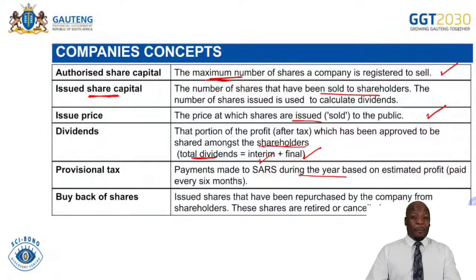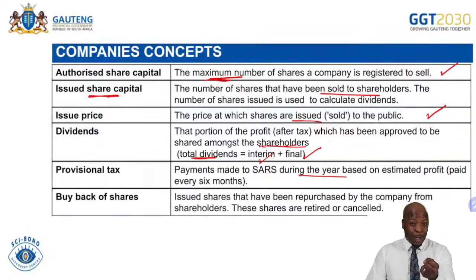Okay, so you're wondering, what is the buyback of shares? I'm going to address this even as we go. So we issue shares to the public, and something happens that this particular shareholder does not wish to remain part of the company. All right, so what we then do is we can buy back those shares from that shareholder.